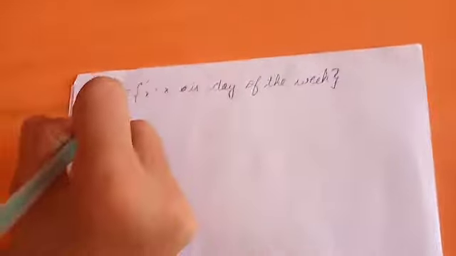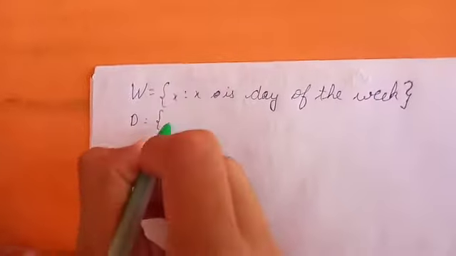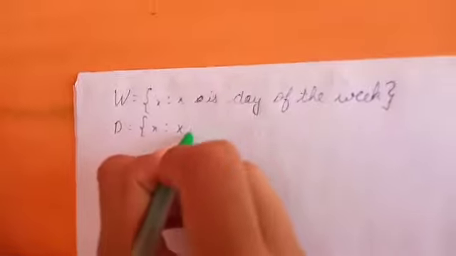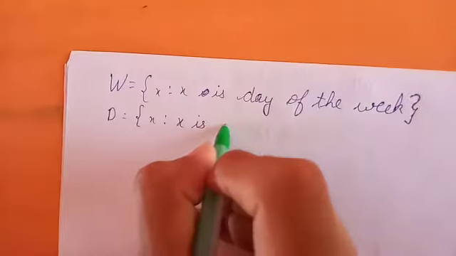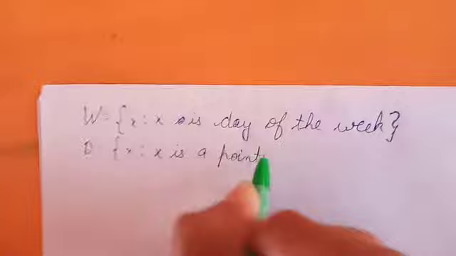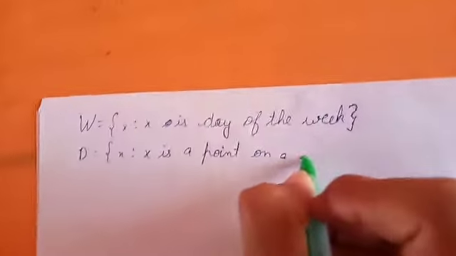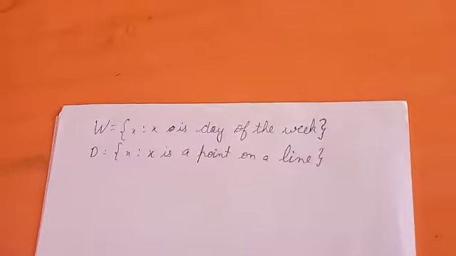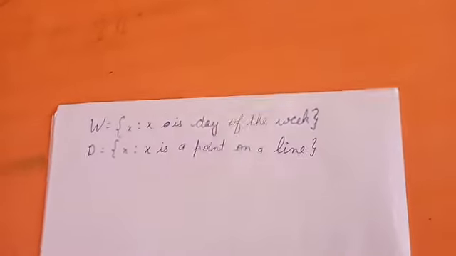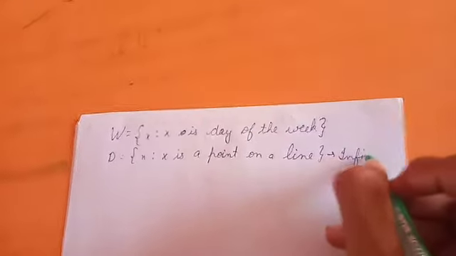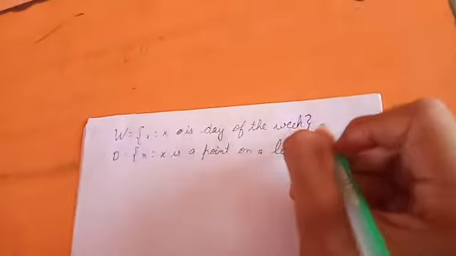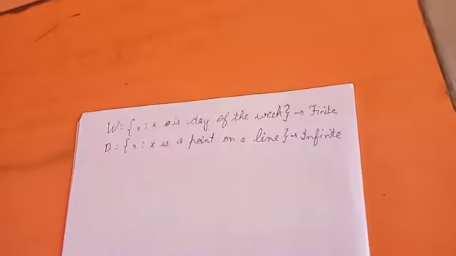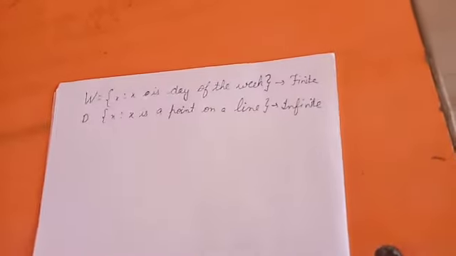Another set they give is D, where x is a point on a line. Now you know a line has an infinite number of points, so our set D will be infinite, and our set W is finite. I hope you understood these two terms also.